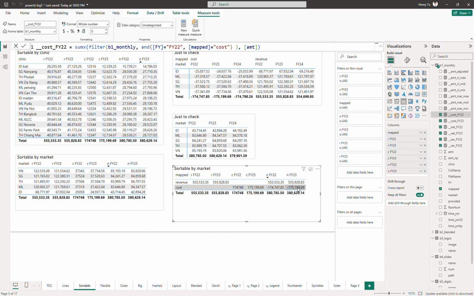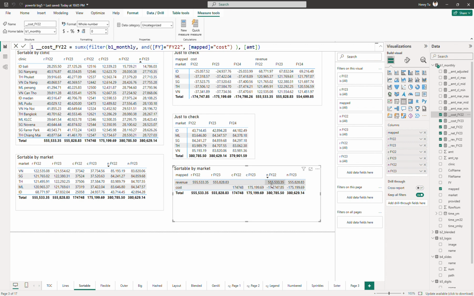This gives a wrong impression, or a wrong idea, about the net number, because in this case the number is broken down into the revenue and then the cost.